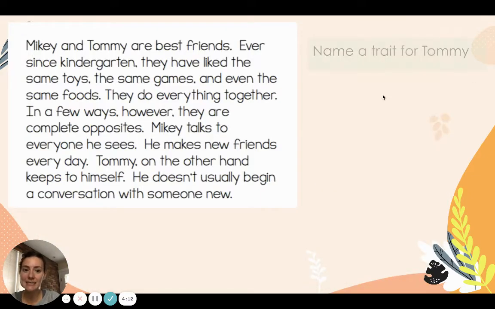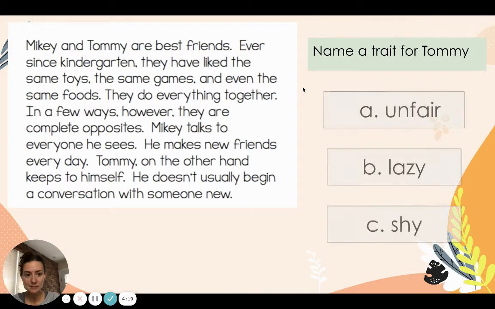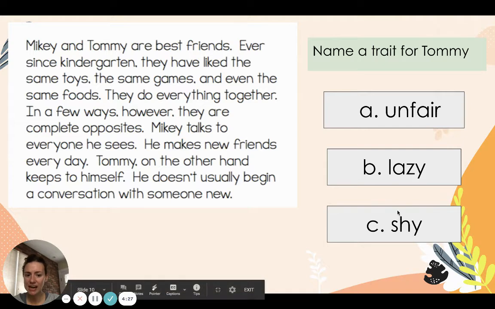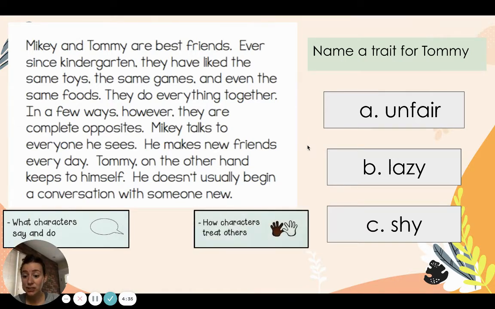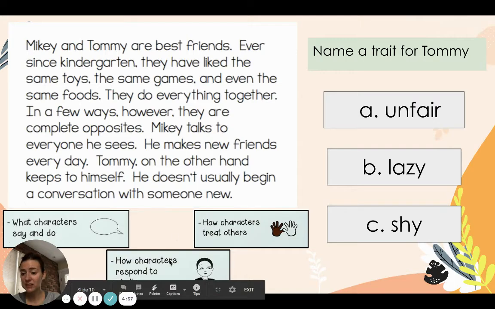All right, now let's think about our character, Tommy. Let's figure out a character trait for him. Let's look at our choices. Do you think Tommy is A, unfair, B, lazy, or C, shy? Let's look back in this text here and pay attention to what Tommy says and does, how he treats others, and how he responds to challenges or problems.